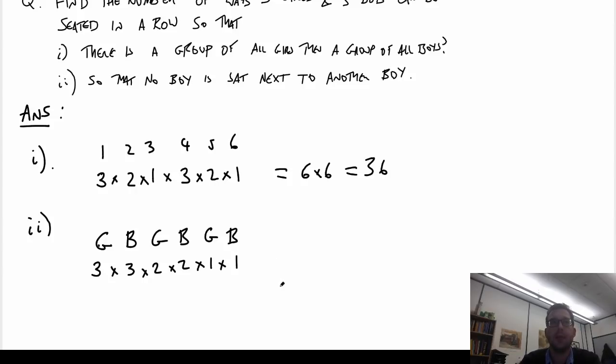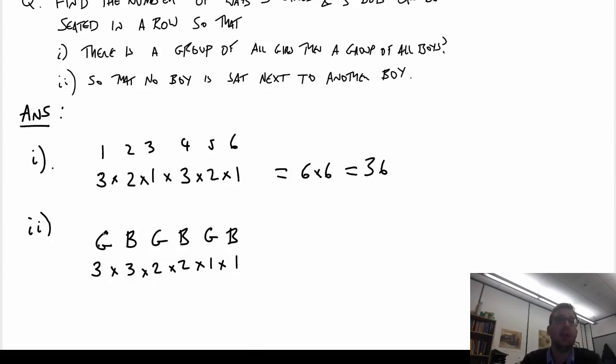Then the question is, how many ways can I arrange these G's and these B's so that no 2 B's are sat next to each other? Essentially what you can notice is we've got this floating G here. I could move that here, or here, or at the front, and then there would be no 2 boys sat next to each other.